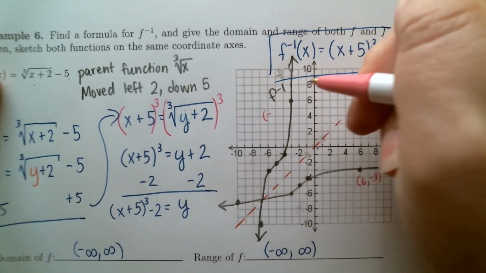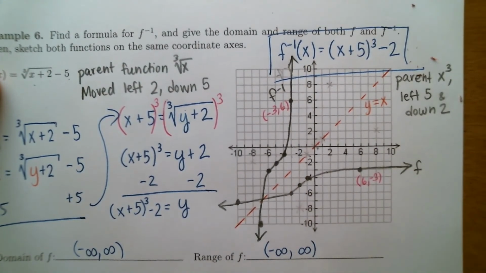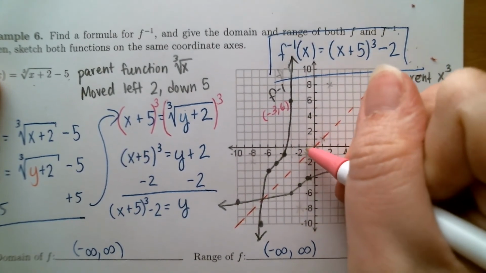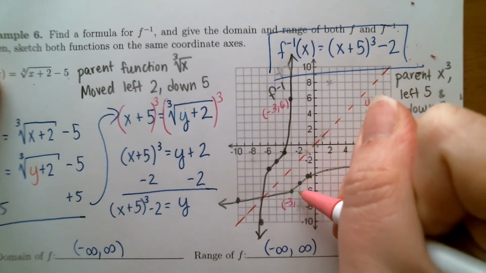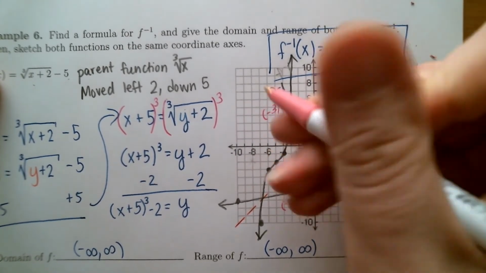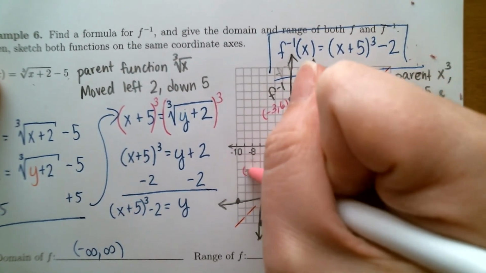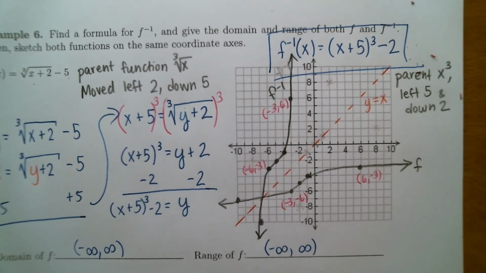I won't go through all the points, but maybe I'll check one more. This is (−3, −6). You flip-flop them, you should see (−6, −3) on the inverse, and you do. So this is all making sense.